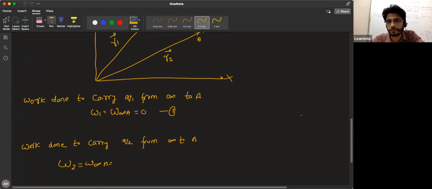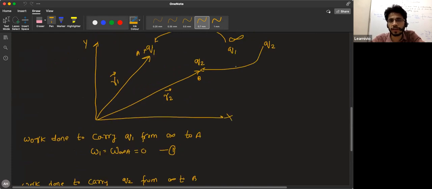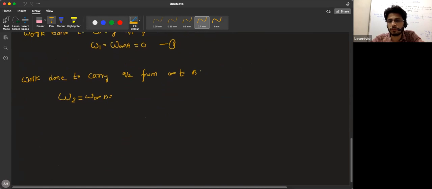I need the work done in carrying charge Q2 from infinity to this point B. Can you suggest a formula to calculate this work done? Q into delta V, perfect.